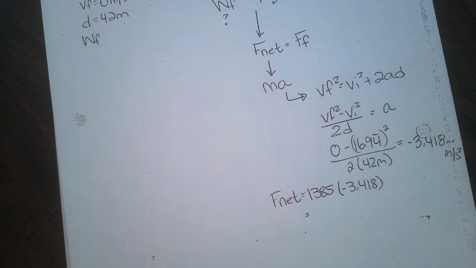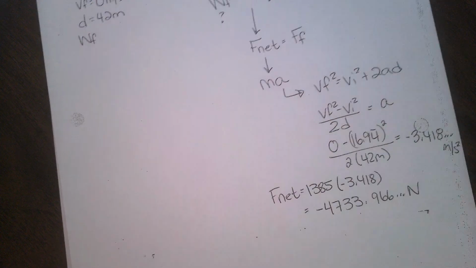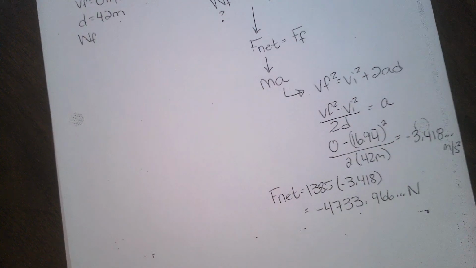Force net is equal to, pardon me, no, you're right. Mass times acceleration. What do I get for a value? Okay, so I get negative 4,733 and a bunch of decimals.